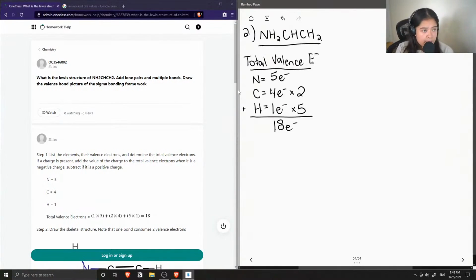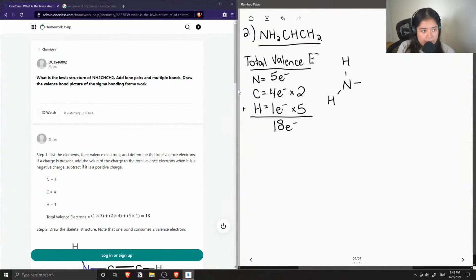So now let's start off by writing the Lewis structure. We kind of get a hint of what it might look like because of the way the formula is written down.